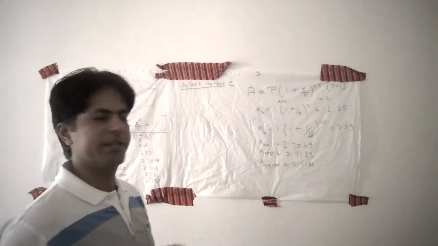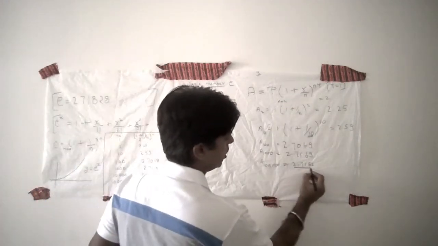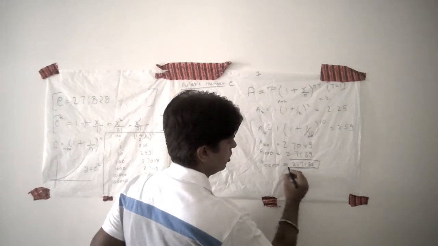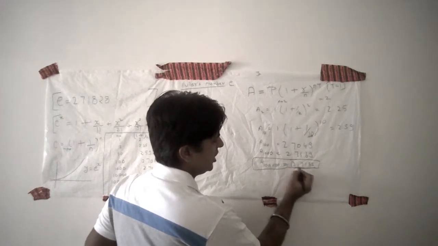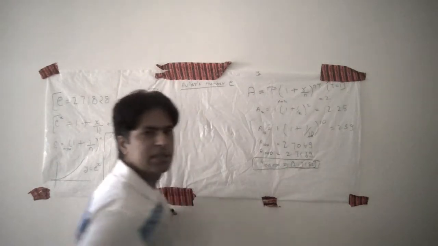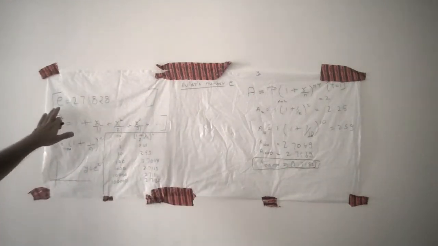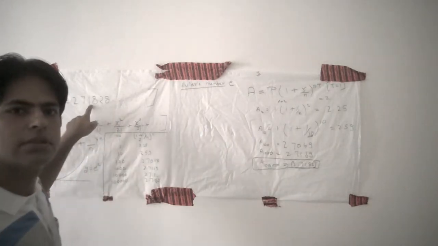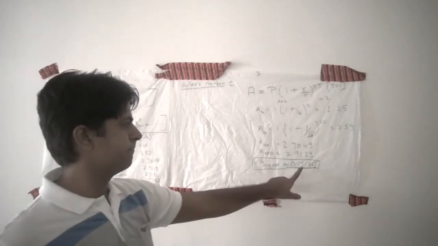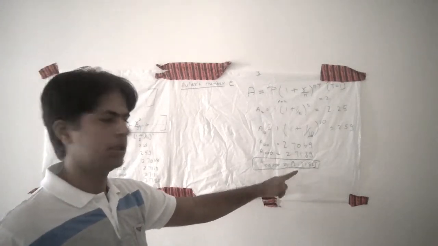What is happening here is, and notice this number. Do you see? Do you recognize this number? Okay, this number is the initial 4 digits of e. Correct?